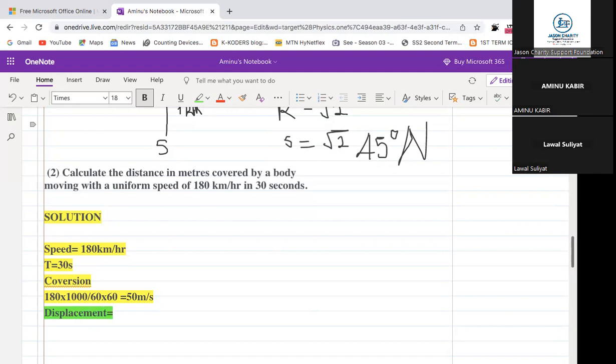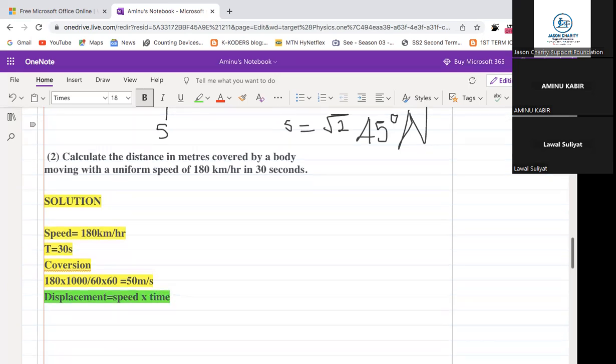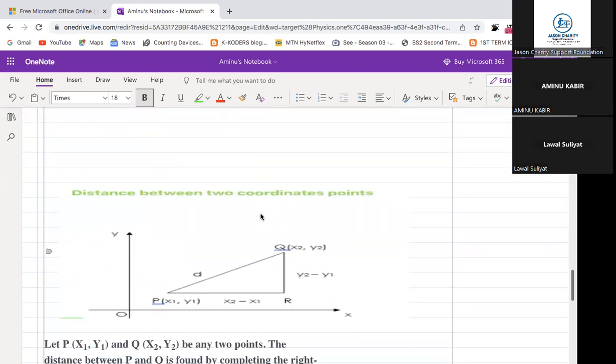So if we substitute our values, this will be equal to 50 meters per second times 30 seconds, as given in the question. If you multiply 30 by 50, you're going to have 1,500 meters. So that is that for it.